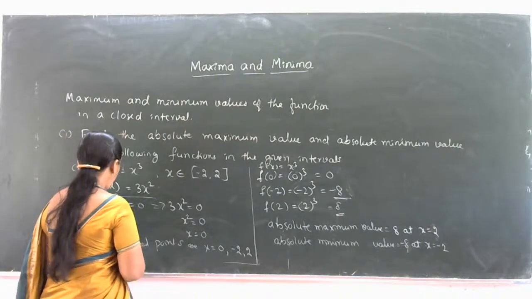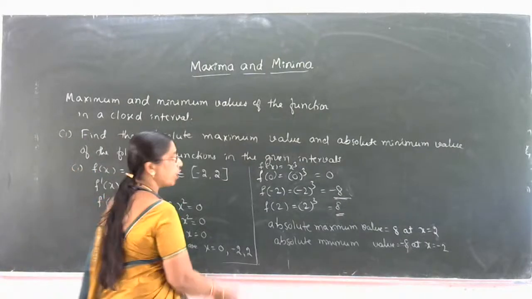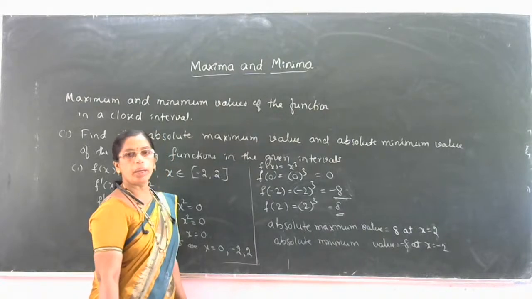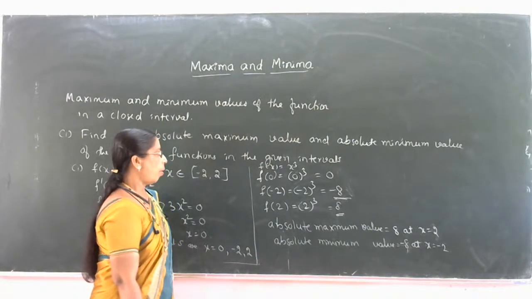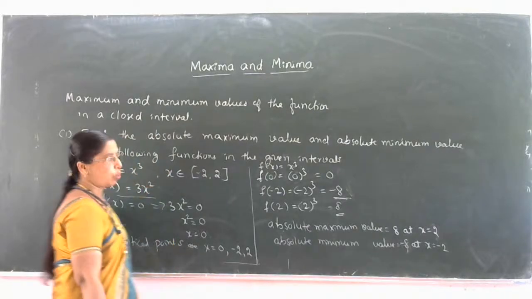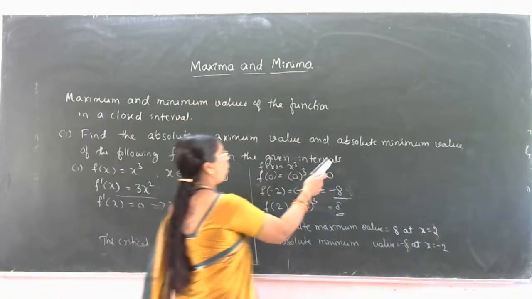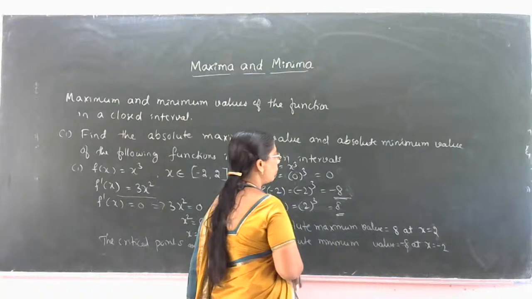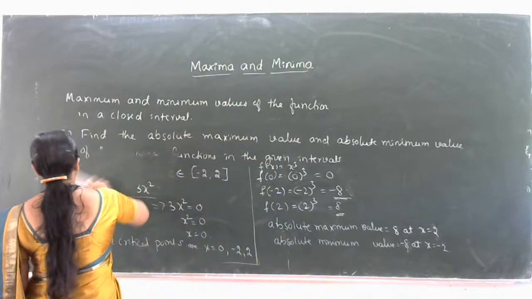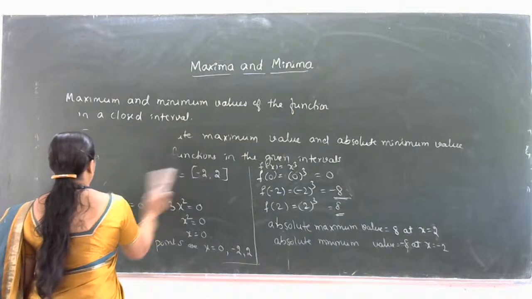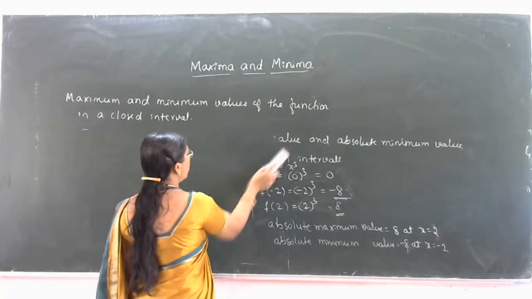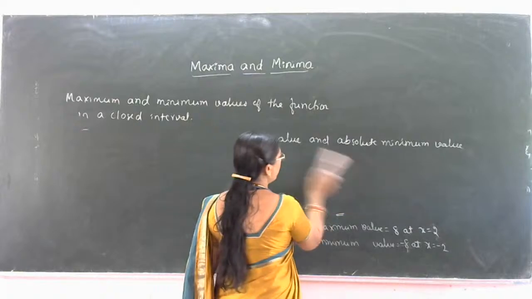Therefore the critical points are 0, minus 2 and plus 2. Then find the value of f of x at 0, minus 2 and plus 2. Of all these values, we find which one is the maximum and which is the minimum, and write the absolute maximum value and the absolute minimum value.